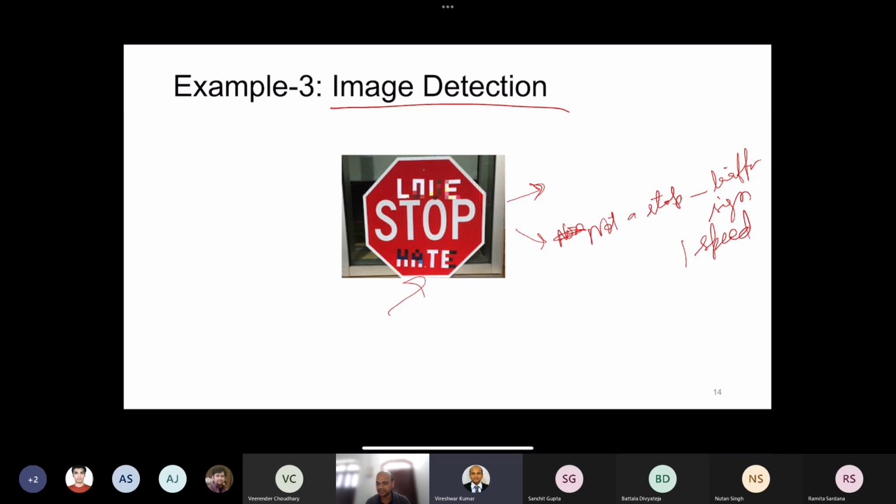And if it does not identify it as a stop sign, then the car will not stop, and that could lead to accidents.